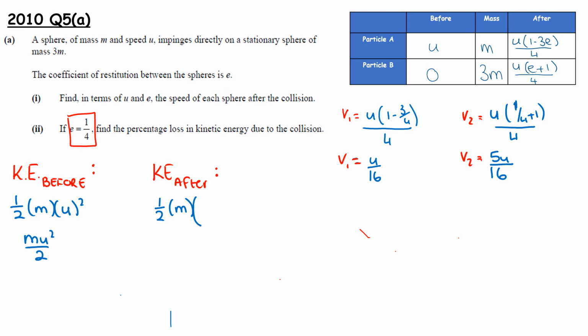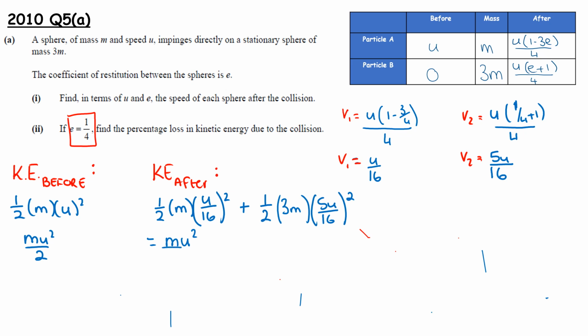Now my new v is u over 16 squared plus there's a second particle, because before that second particle wasn't moving. Mass is 3m and it's 5u over 16 squared.